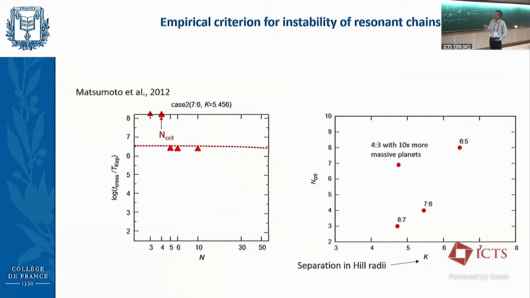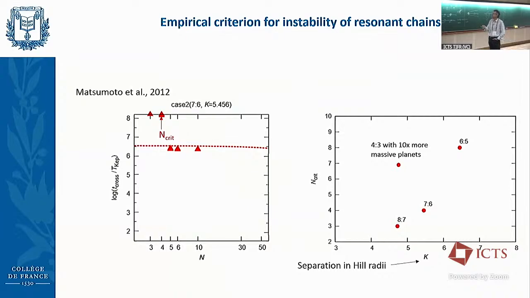But if you have more than 4 planets, like 5, 6 or more, then all of a sudden the chain becomes unstable once the disk is removed, very quickly, in a few million years. So there is really a threshold, a critical number of planets possible in that resonance, which in this case is 4.